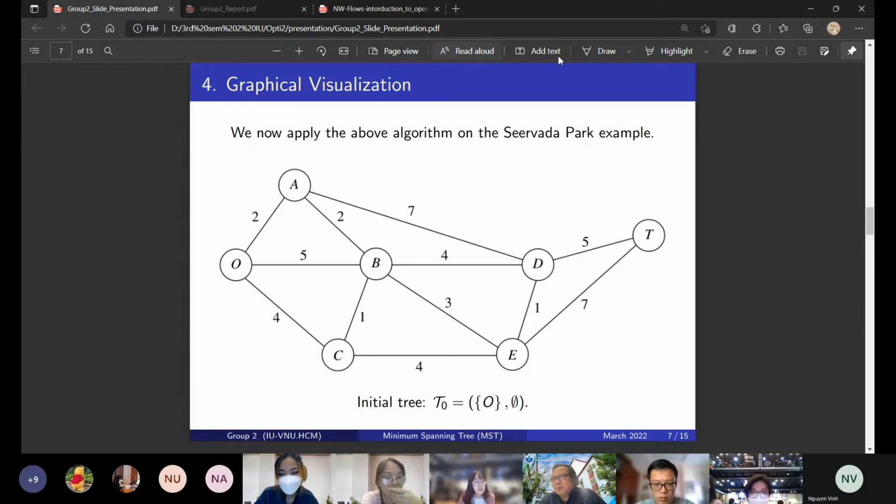Because among the nodes A, B, C that are accessible to node O, OA has the smallest arc. So we choose node A to generate an arc for the tree.